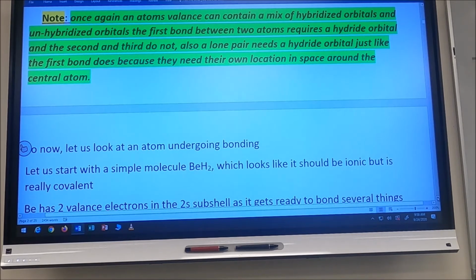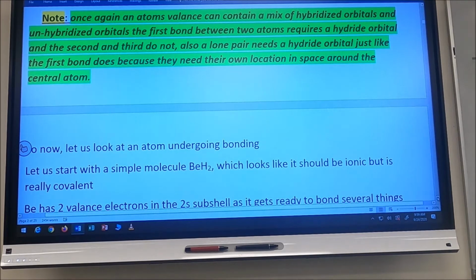Because remember, lone pairs have their own location and take up space around a central atom. VSEPR said all electron groups count in trying to spread out around that central atom. So since valence bond is trying to explain VSEPR, lone pairs are going to have a hybrid orbital.